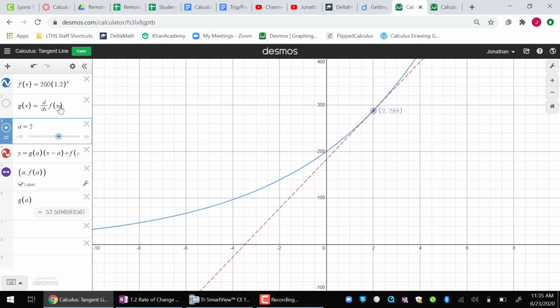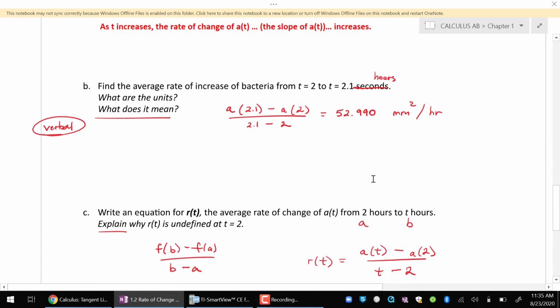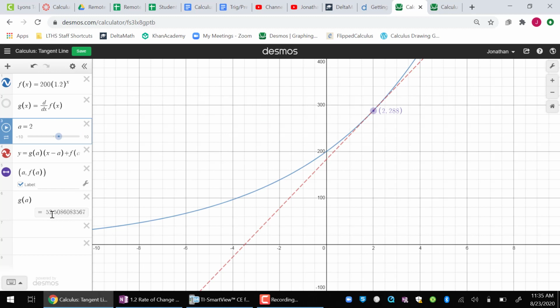G of a is actually the precise numerical slope of that tangent line, and the slope here is 52.508. So really close to what we were approximating earlier, 52.5, 52.9. But the exact answer is 52.508.